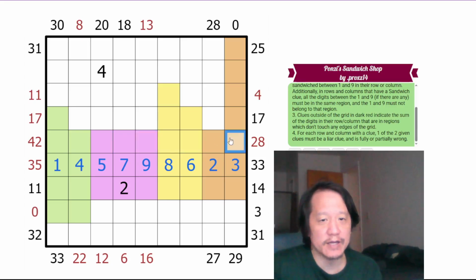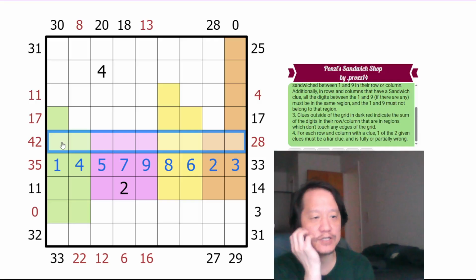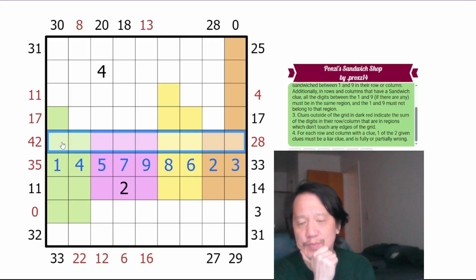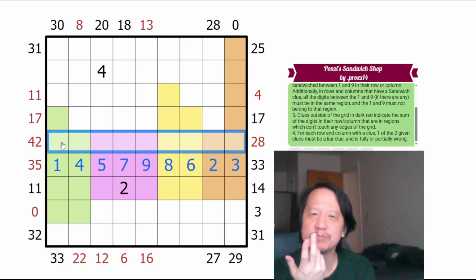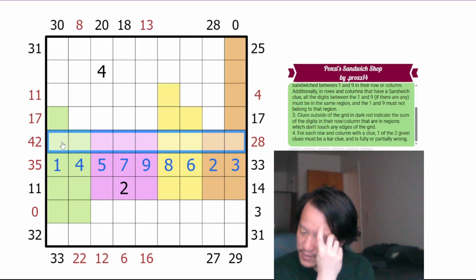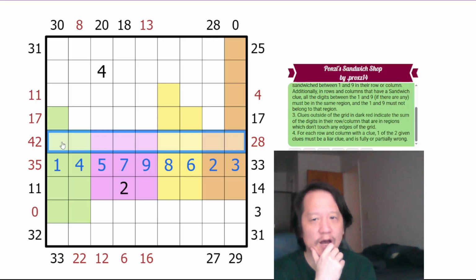Or it's 28, which means that the digits in regions that don't touch the edge add up to 28. But one of them has to be wrong, either fully or partially. I don't know how you're going to be partially wrong? Anyways. Oh, I see why.